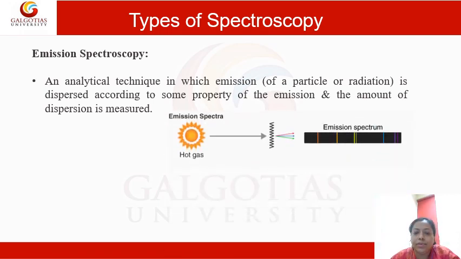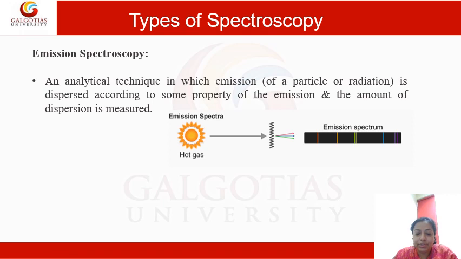So here, we do not have a material which is cold and is being heated to emit a spectrum. This is a material which is already hot, which has an innate or internal source of energy, and it can emit radiations on its own. Say for example, any hot gas can emit radiations, and the spectrum that we obtain is then known as the emission spectrum.